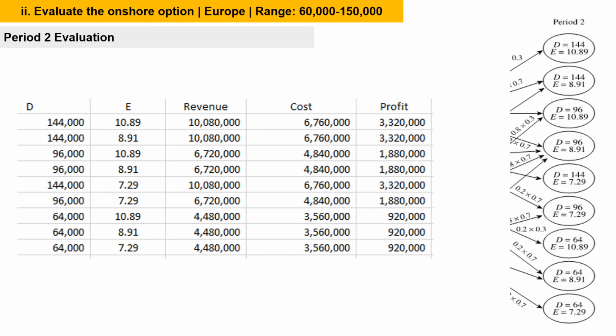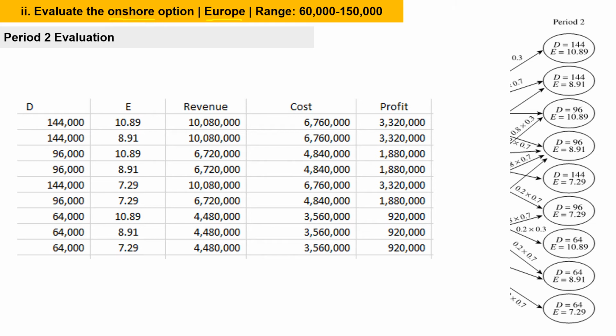After we draw the decision tree, the next step is to evaluate both of the options, but first we evaluate the onshore option, which is the European plan, which has a production range from 60,000 to 150,000 units.